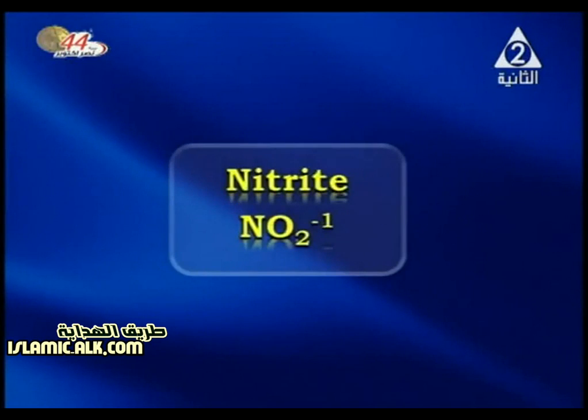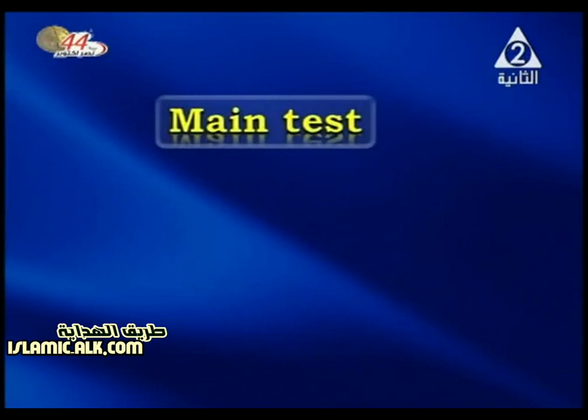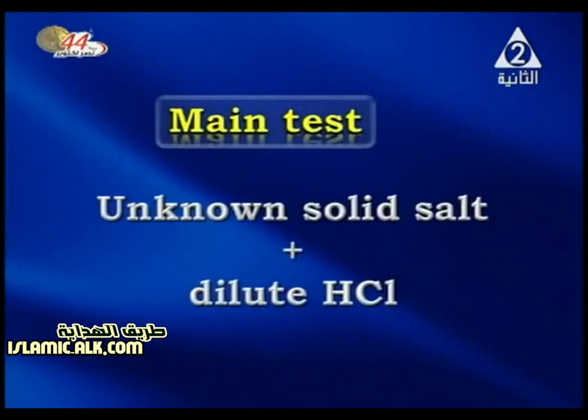Now, my dear students, we are going to discuss the last anion in this group, which is the nitrite ion. Here, the nitrite ion has the chemical symbol NO2 -1, as shown on the screen. The main test for nitrite: the unknown solid salt plus dilute hydrochloric acid.